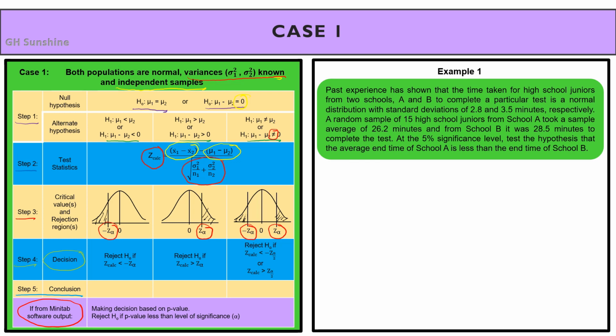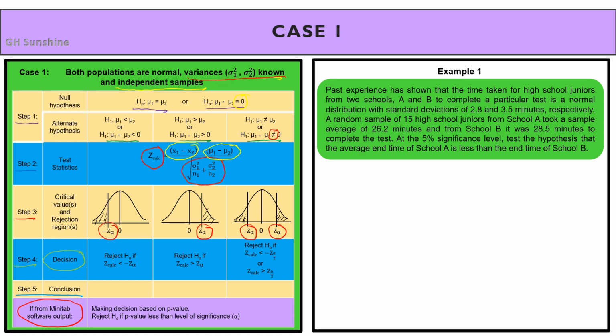A random sample of 15 high school juniors from school A took a sample average of 26.2 minutes, and from school B it was 28.5 minutes to complete the test. At the 5% significance level, test the hypothesis that the average time of school A is less than the time of school B.